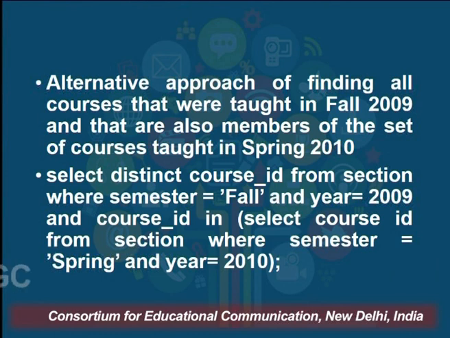Now what will be the alternative approach? The alternative approach for finding all the courses which belong to this criteria, that is they were taught in fall 2009 and in spring 2010, is to write a query using the connective in, and that query goes like this: select distinct course ID from section where semester equals fall and year equals 2009 and course ID in, within another bracket, select course ID from section where semester equals spring and year equals 2010.